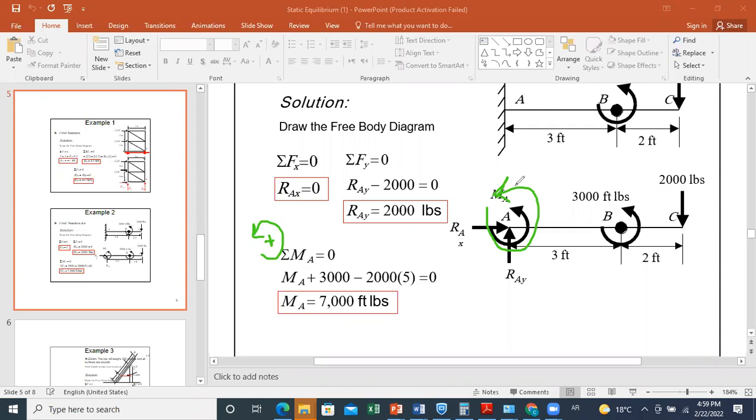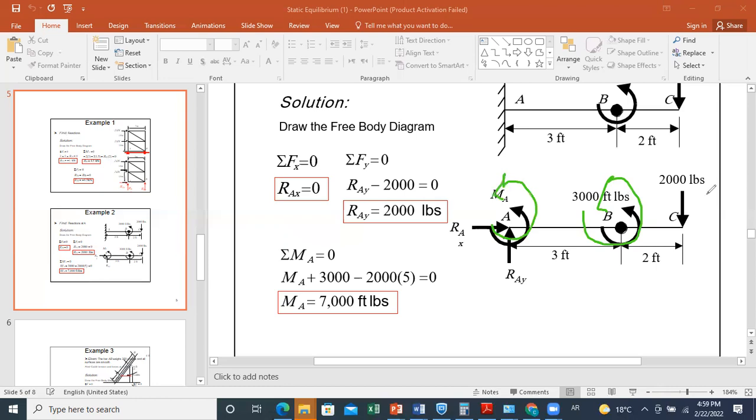Wherever it is, I account for it when I do sum of moments about A. And if there is a couple at another point, I should account for it too. Because the moment is a free vector, wherever I put it, it will have the same effect, so it will lead to rotation. So I have MA plus 3000. Both are positive because both are counterclockwise.